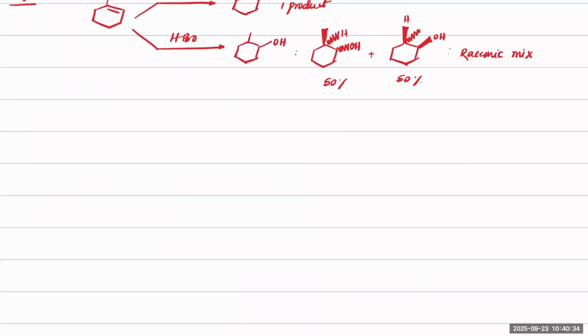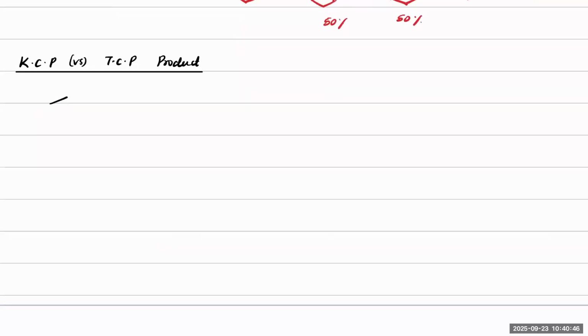Next one is KCP versus TCP products. Okay, this is one small scenario that you need to know, wherein if you have conjugated double bonds this way, then you are making an HBr addition in the presence of CCl4, but only one equivalent.